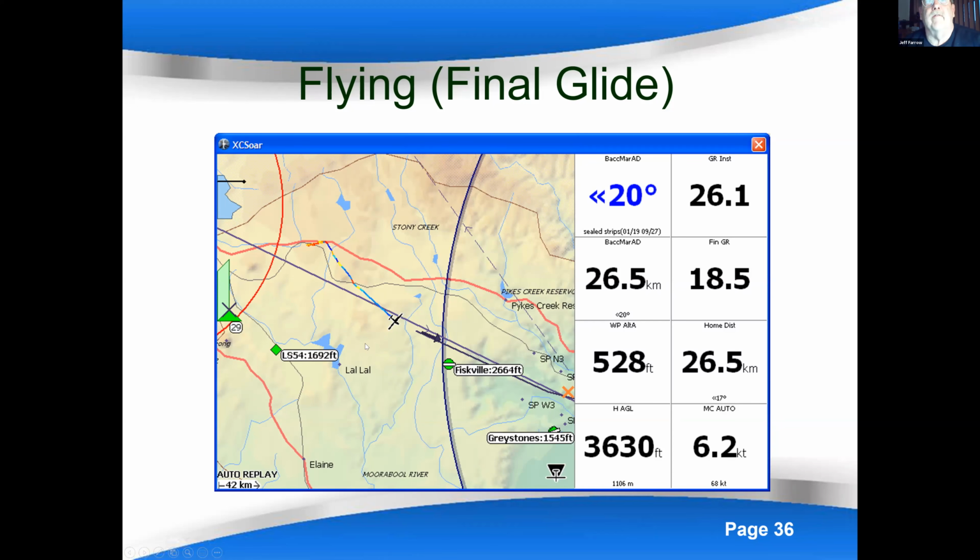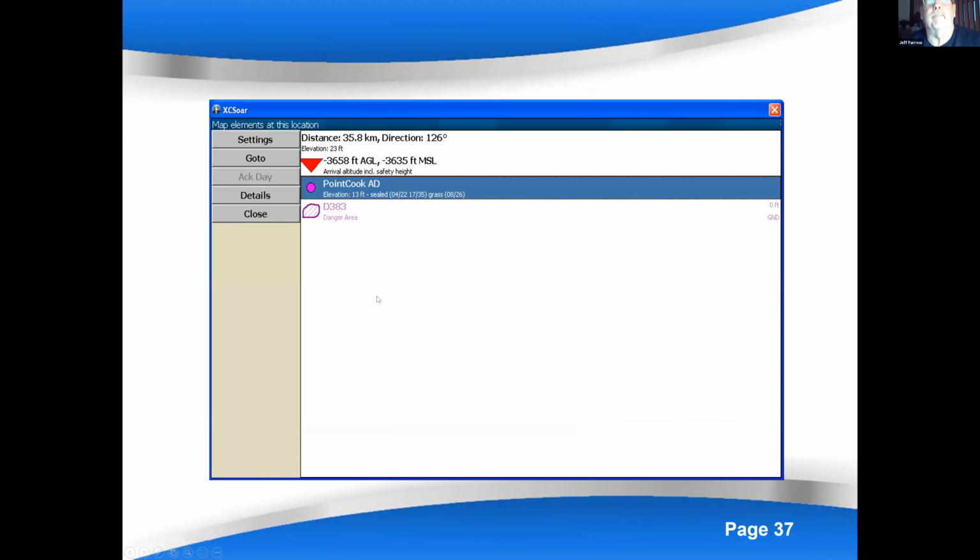If while you're flying around you try to hit some of these controls, 9 times out of 10 you don't. You end up getting this screen instead. That's just listing the various elements that are in that screen at that point. So D383, danger area, if you actually hit that and ask for details, it'll give you information on it.